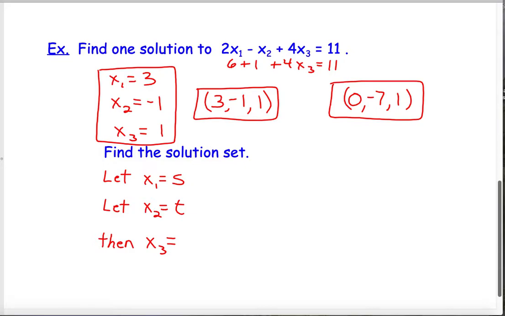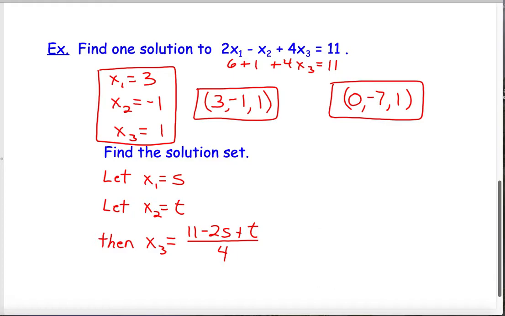So now, if x sub 1 is equal to s, and x sub 2 is equal to t, then what would x sub 3 have to be? Then that would be 11 minus 2s plus t, divided by 4.